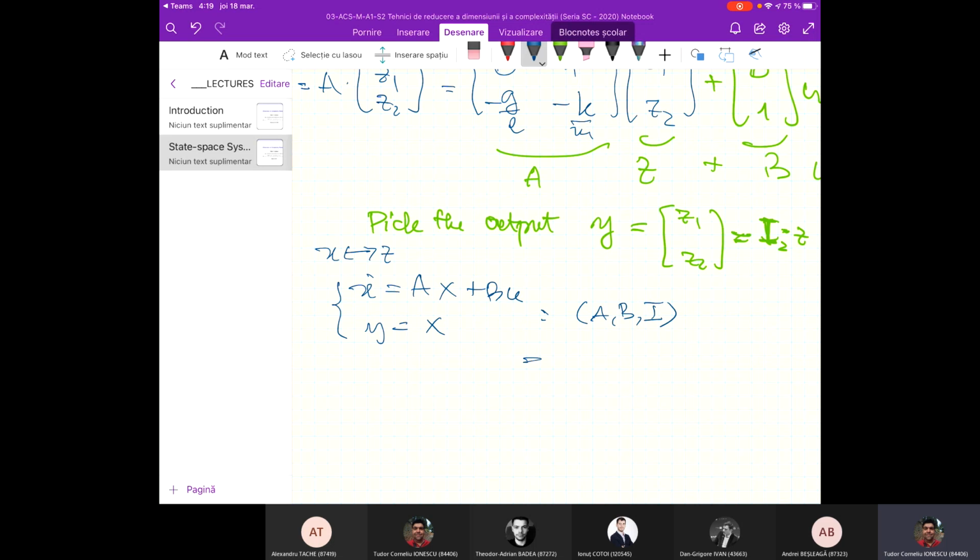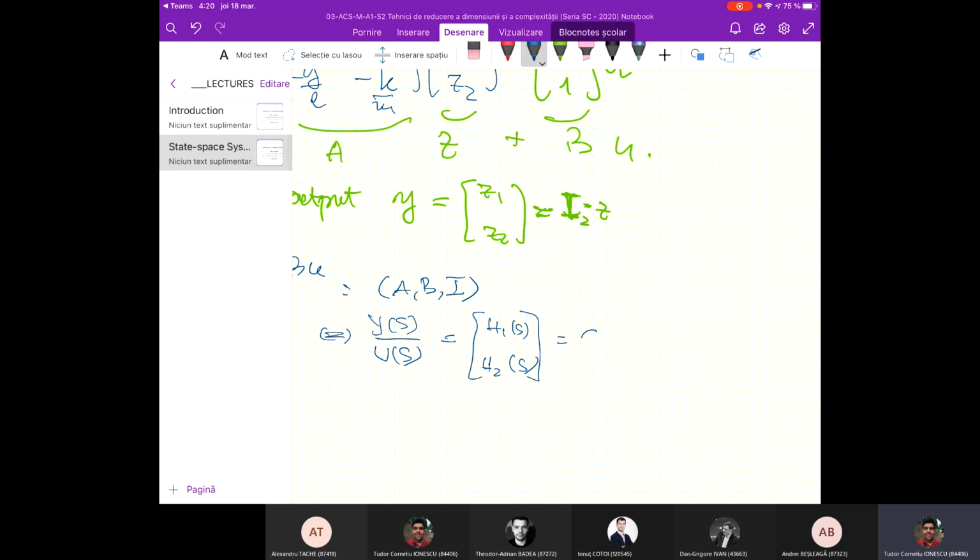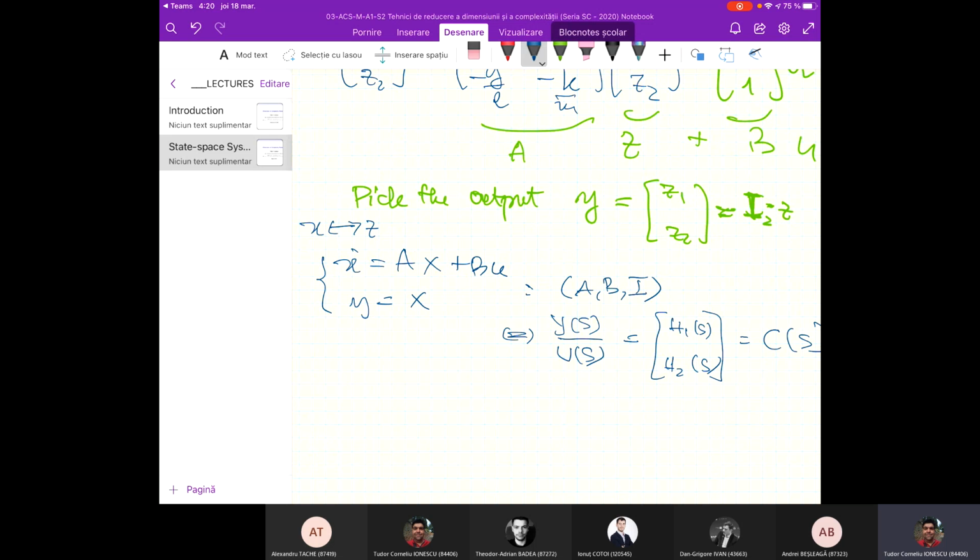But it can also be defined by a transfer function, which is the quotient, when you go to the Laplace domain, Y of s over U of s. This is a matrix, so this is H1(s) and H2(s). And this can be computed as C, as we saw last time. So these objects represent the same thing.